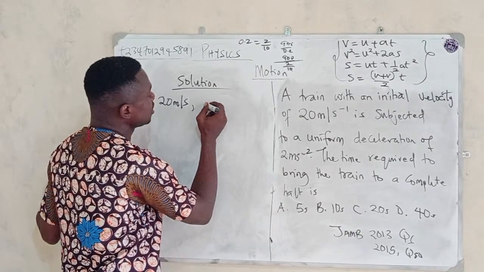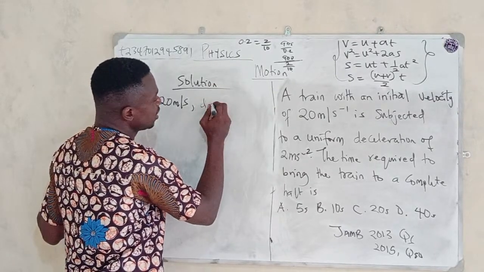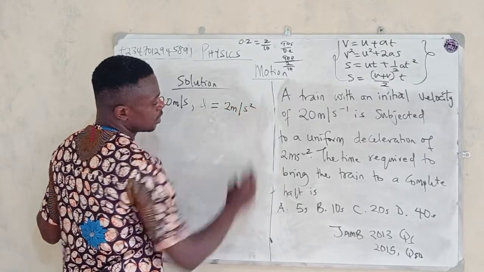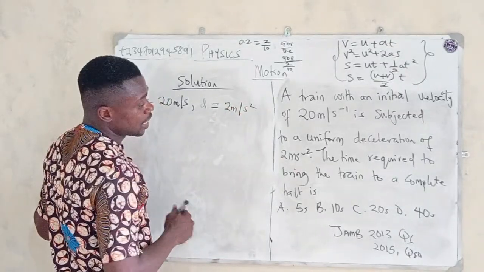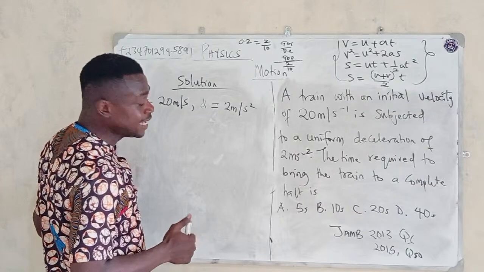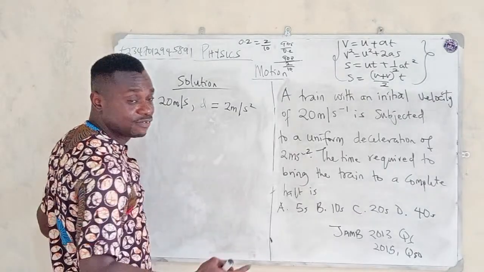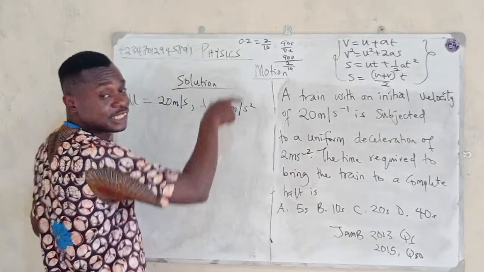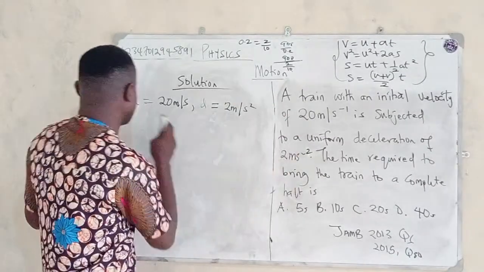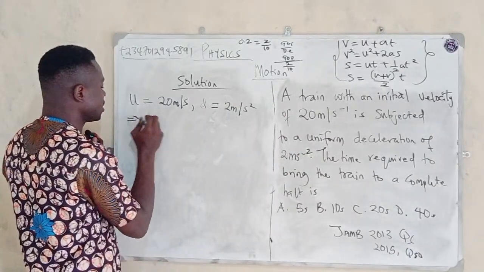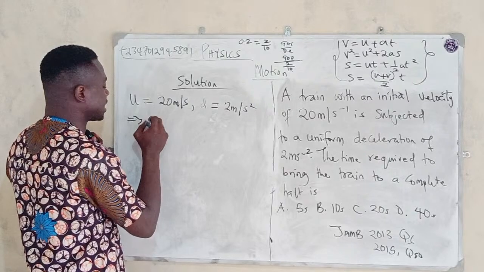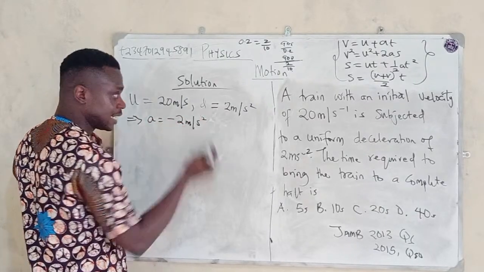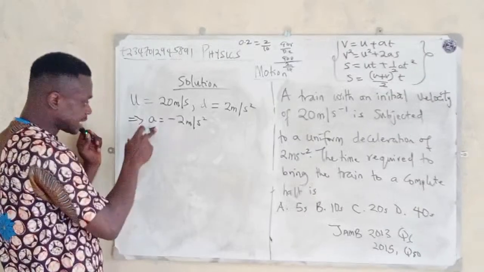Deceleration D is equal to 2 meters per second squared. But remember that deceleration is negative, so acceleration is the negative of D. So if D is 2 meters per second squared, it implies that acceleration is equal to minus 2 meters per second squared.